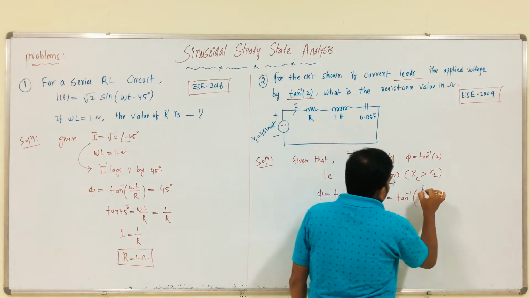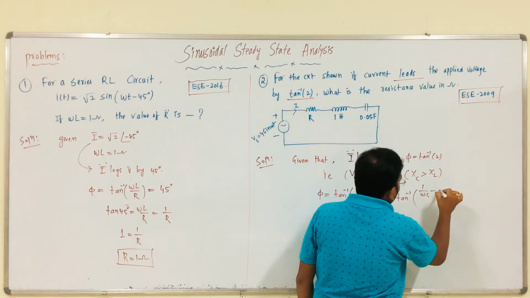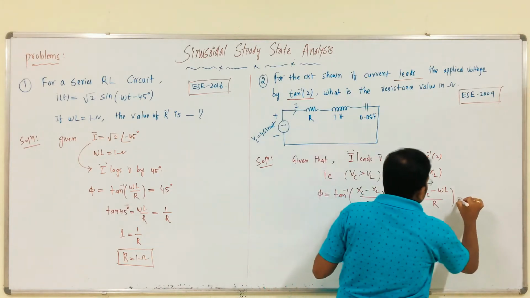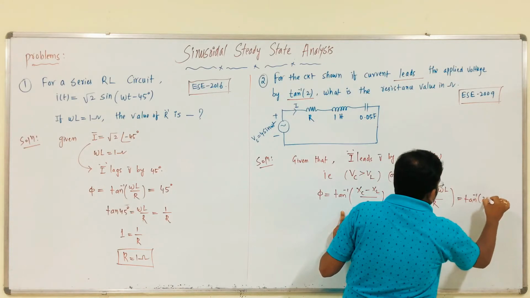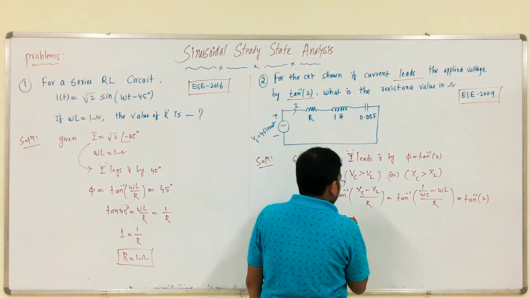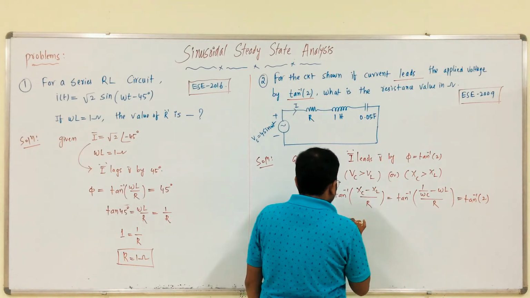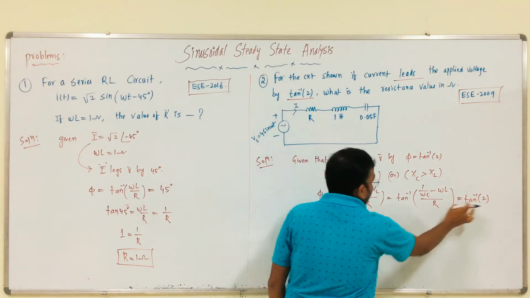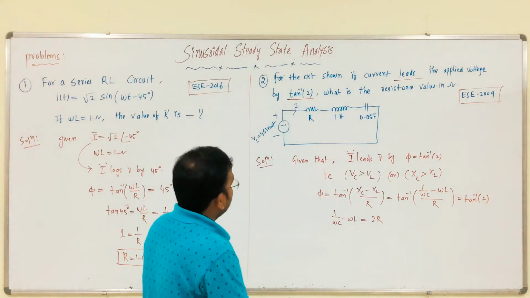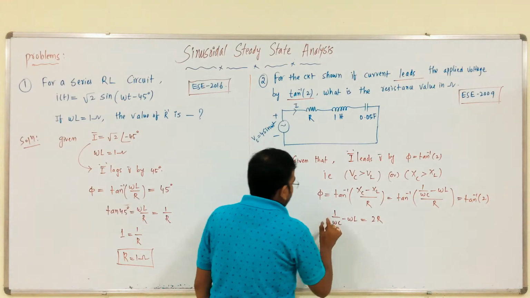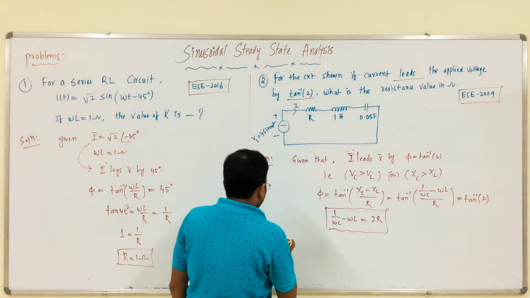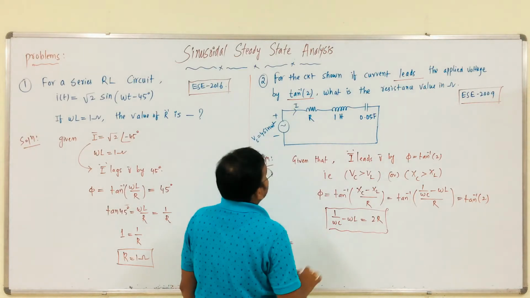Xc is 1 by omega C and XL is omega L. So from this, 1 by omega C minus omega L is equal to 2 into R. This is the condition we got. First we have to calculate omega C.